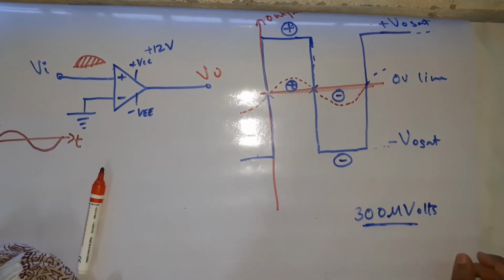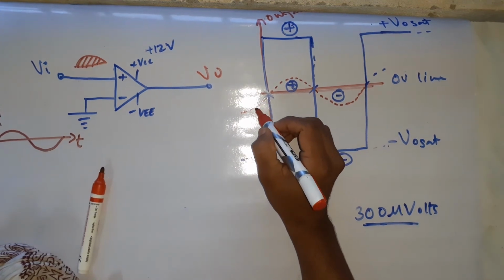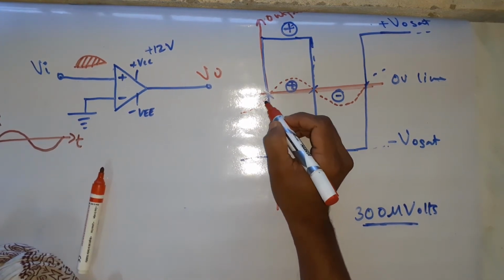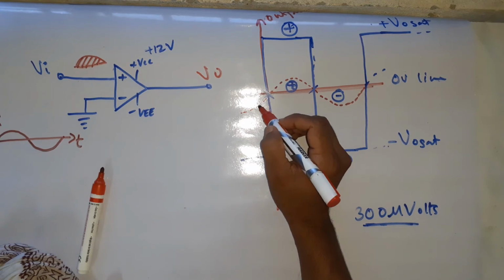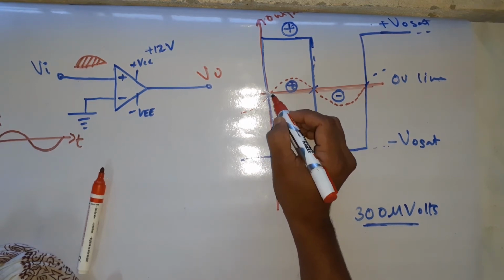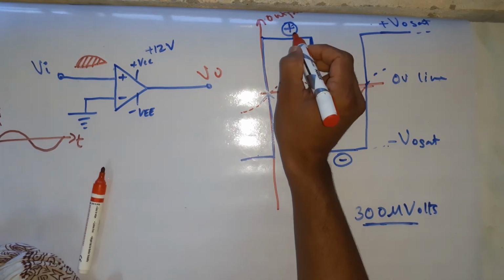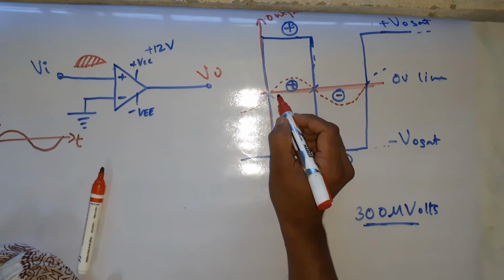It means that if this is your input crossing 0, going from negative to positive, then the moment it crosses 0, your output won't change and become plus V naught sat.